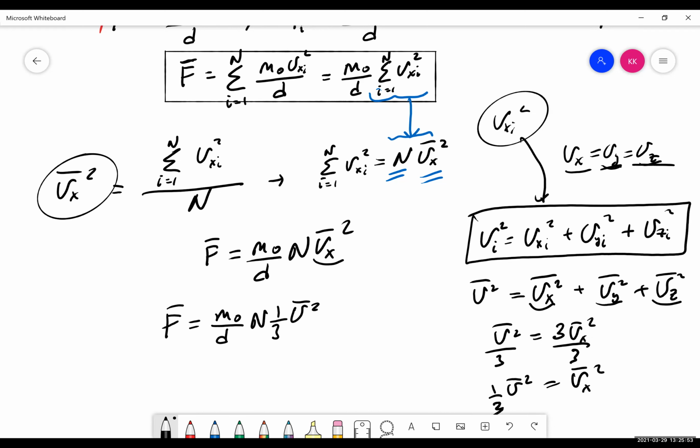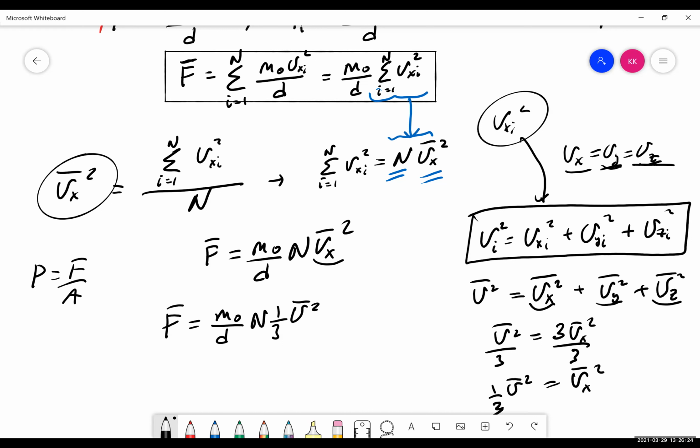Then what I should also remember here is that pressure is force per area. I know that force is a macroscopic quantity, but in order for us to look at thermodynamic systems, pressure is a more useful quantity.